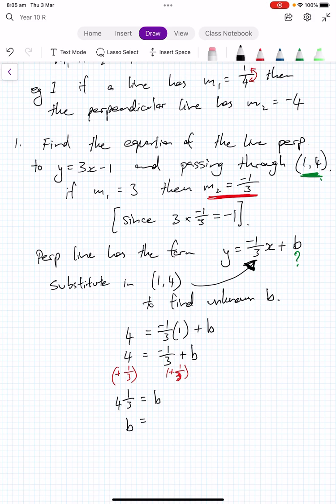But I don't really like mixed numerals, so this actually is 13/3, which you should be able to find. Therefore, the perpendicular line is y equals -1/3 x plus 13/3. And if you're not sure, you can use Desmos to check. All right, that's the first example.